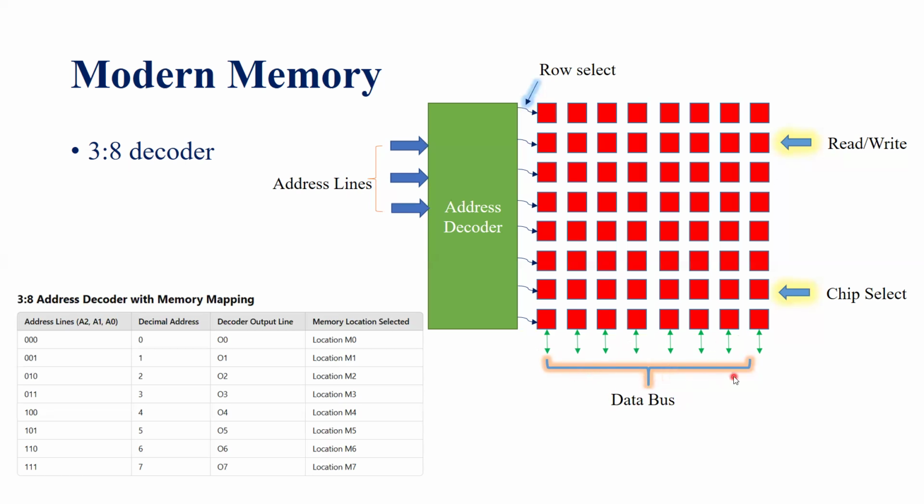At a time you can read 8-bit data, or 4-bit data, or 16-bit data, or 32-bit data, depending on the data bus. If it is an 8-bit data bus, it means you can read or write 8 bits at a time. So this is how the typical modern memory architecture looks.